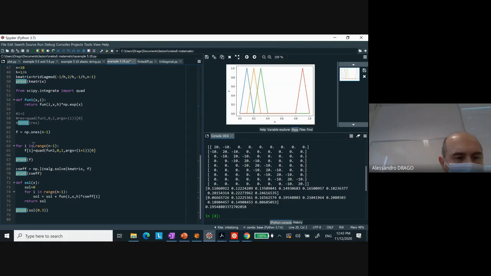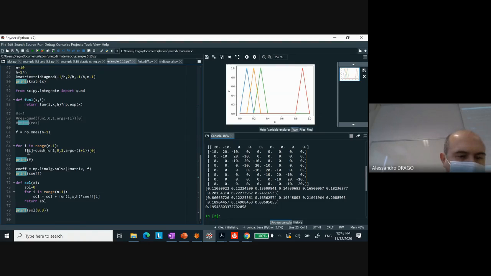Then I take each of these elements, and instead of having ones, this index I is ranging again between, recall that when I write range, I actually go from 0 to n-2. So it contains n-1 elements, but from 0 to n-2.